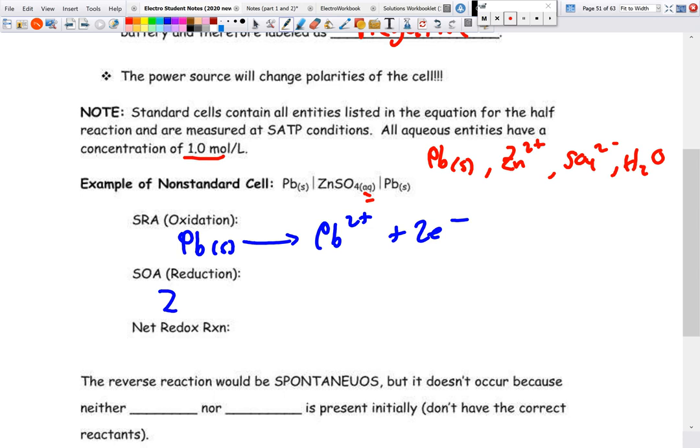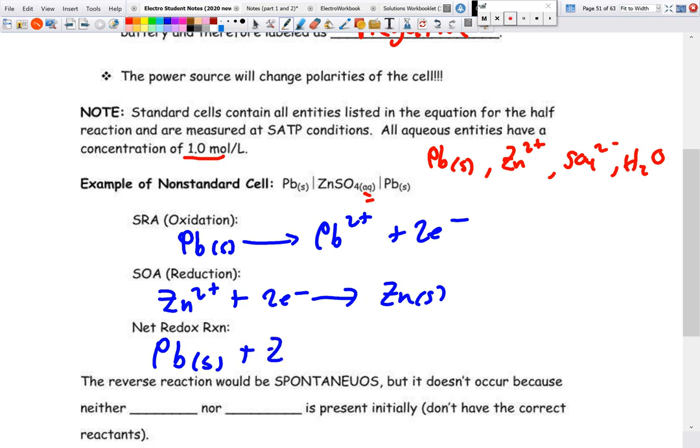Our strongest oxidizing agent would be our zinc 2 plus plus 2 electrons, producing zinc solid, and our net redox reaction, we just add them together, the electrons cancel out, and I'm going to write it in red.